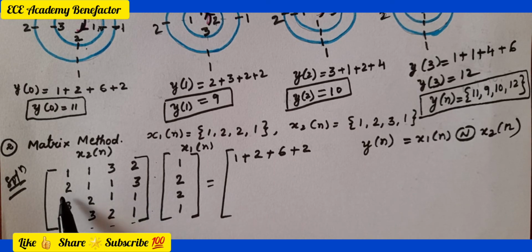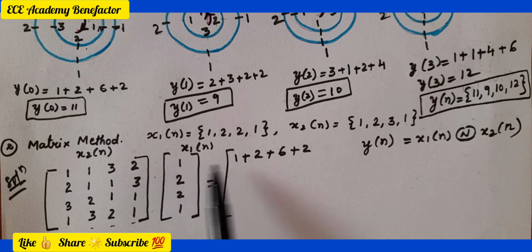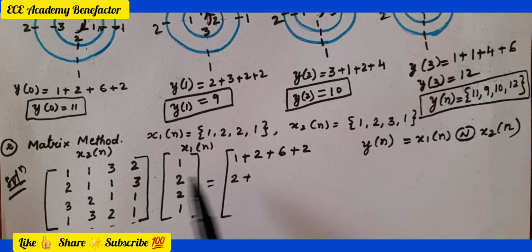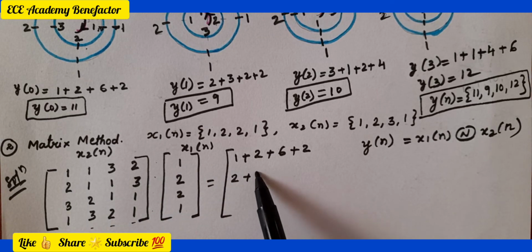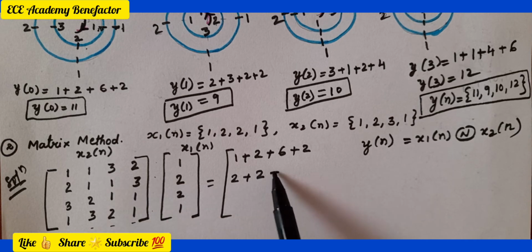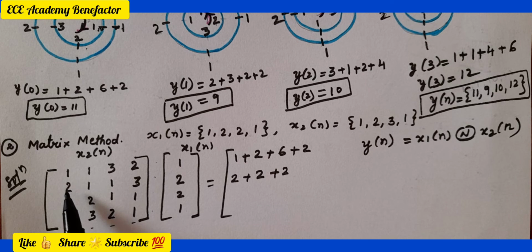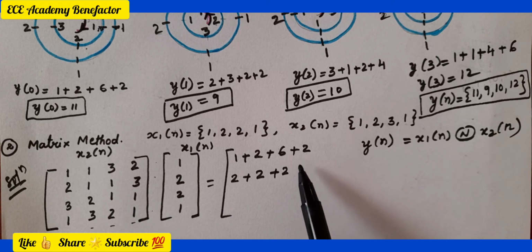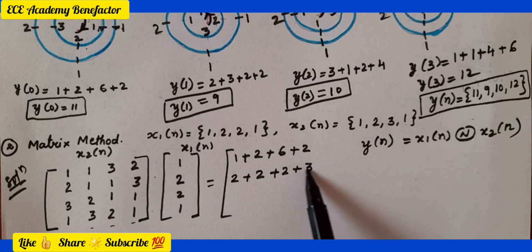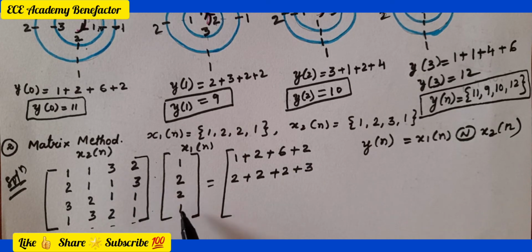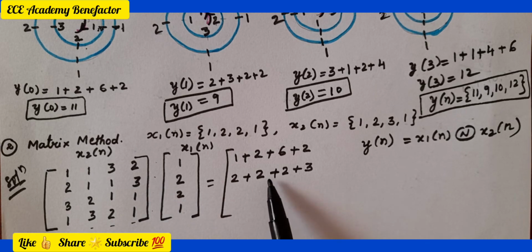Likewise, now multiply the second row. 2 1s are 2 plus 1 into 2, 2 plus 2. 2 1s are 2, 1 into 2, 1 into 2, 3 plus 1. 3 into 1, 3.